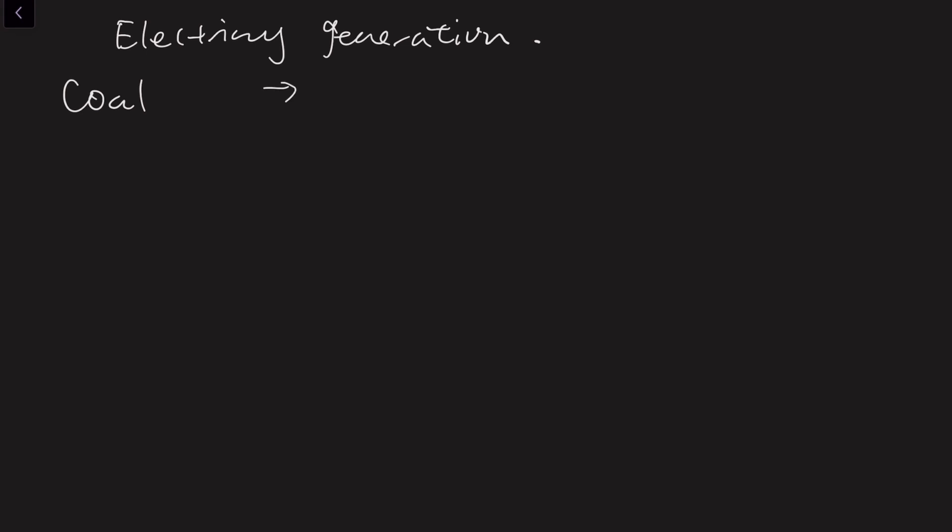We will briefly look at how electricity is generated, in particular the efficiency of different types of electricity generation. So coal-generated electricity is the least efficient. So in a coal-fired power plant, you burn the coal to boil the water.